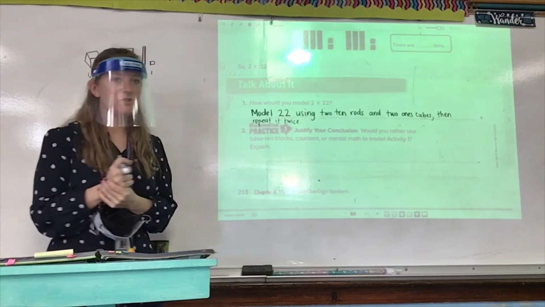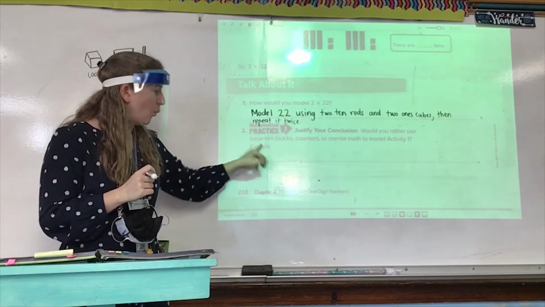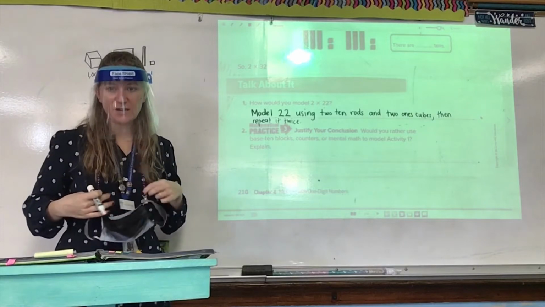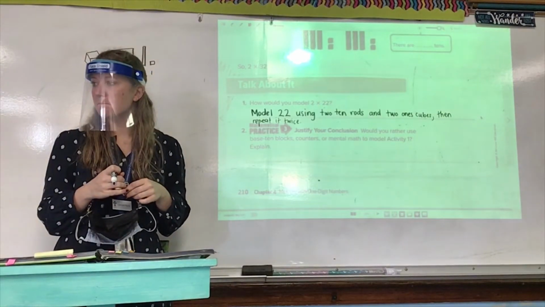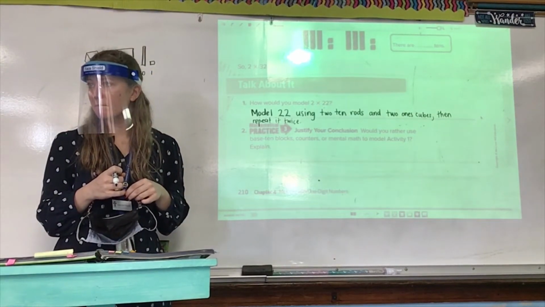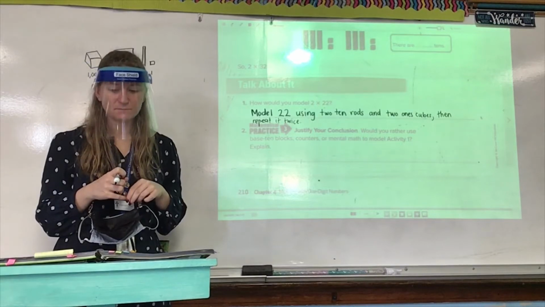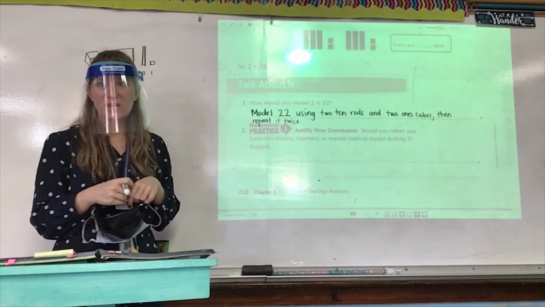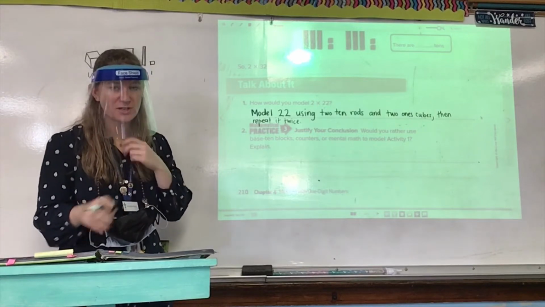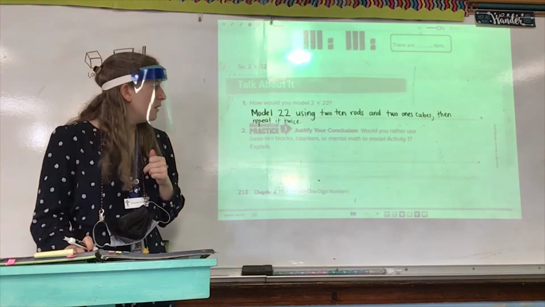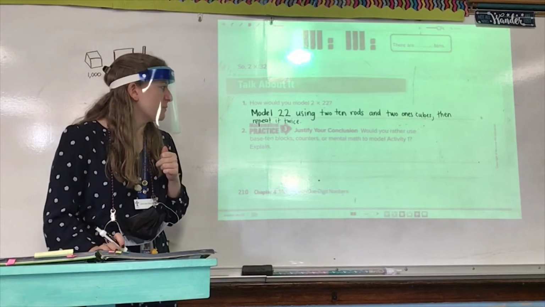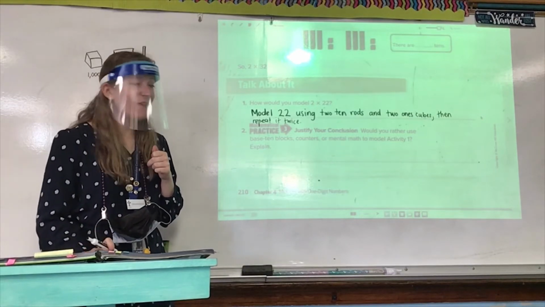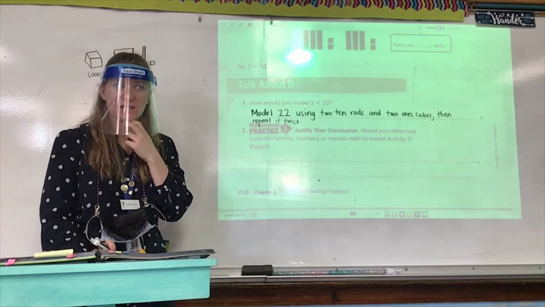Why? So think about your answer. Once you have your answer and you're proud to share it with everybody, raise your hand. Which one would you rather use? Base 10 blocks, counters, or mental math, which means you're doing it all in your head?